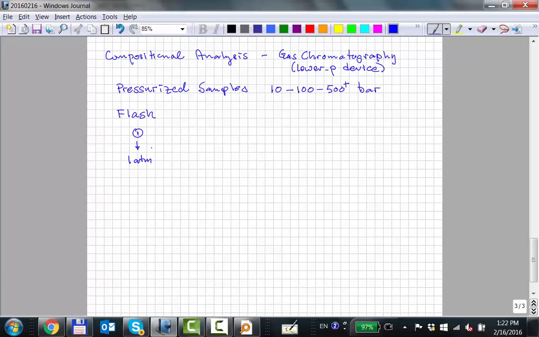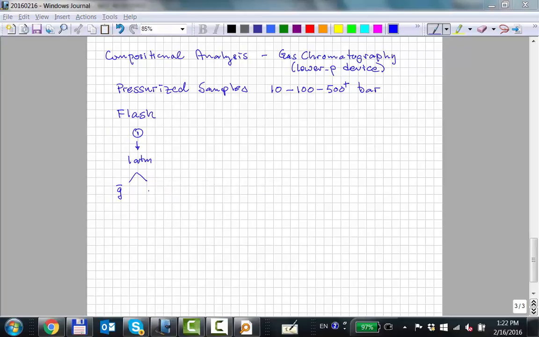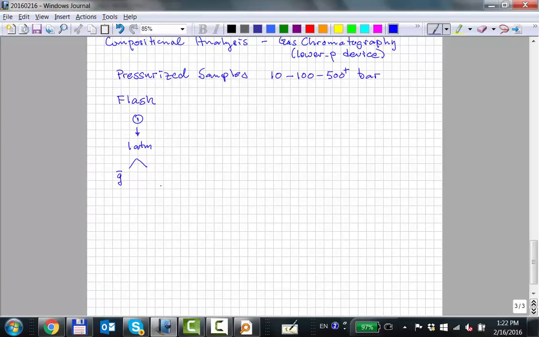And it splits into 2 phases. So you flash the sample down, and you basically get a surface gas and a surface oil, a certain amount. You can weigh it or measure volume or whatever.